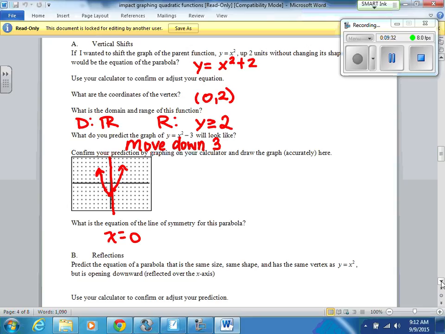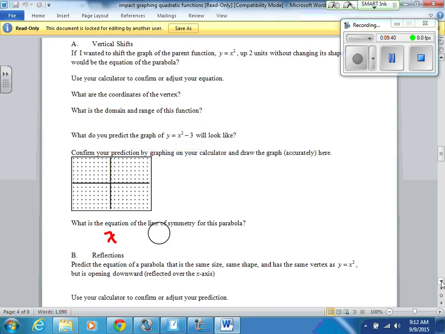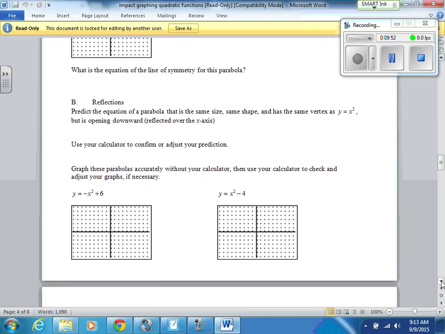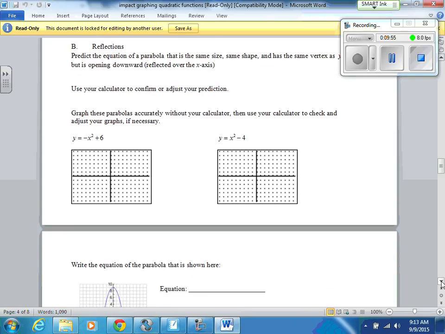Now we're going to talk about reflections. Last week we talked about C and D, moving that parabola up and down, left and right, whatever. We're going to start talking about putting something in front. That A. What do you think the equation of a parabola would be if it's the same size and the same shape as the parent function, the only difference is it's flipped?